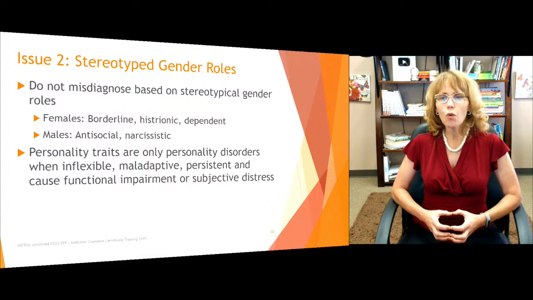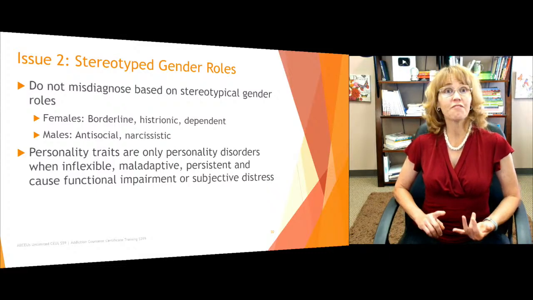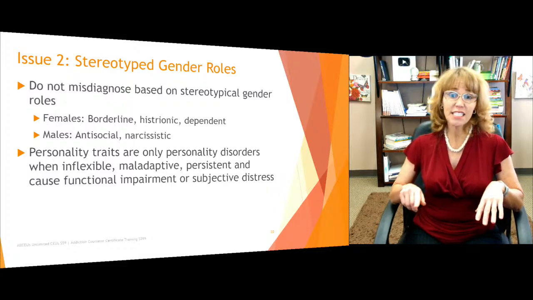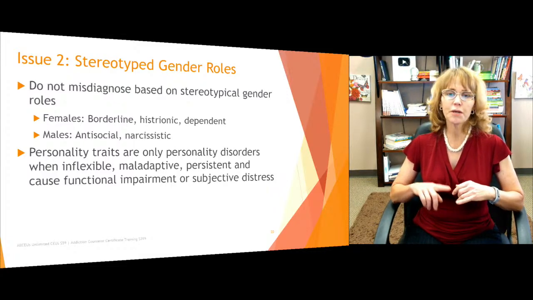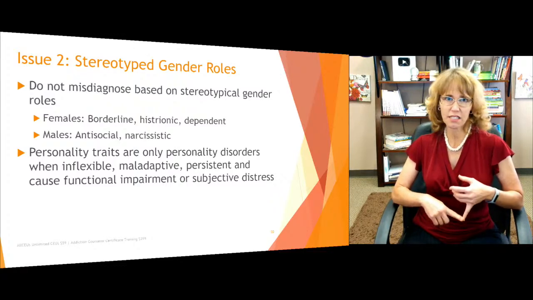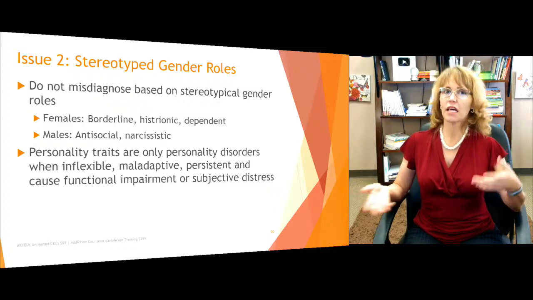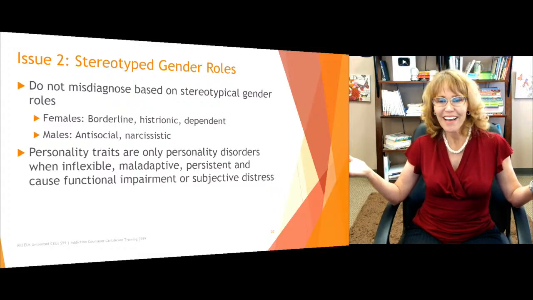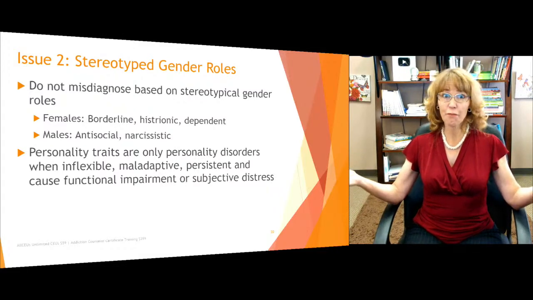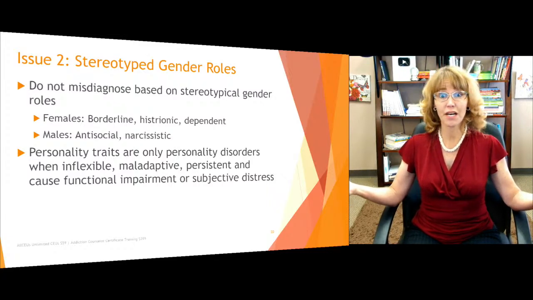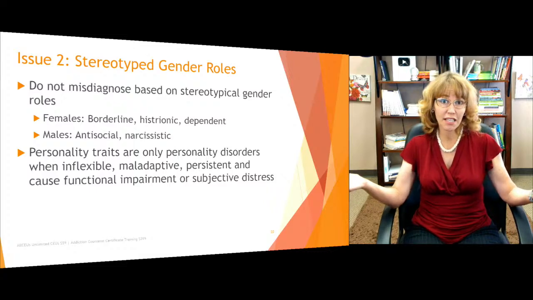Personality traits are only personality disorders when inflexible, maladaptive, persistent, and cause functional impairment or subjective distress. If the person behaves in a way that you don't like, but it's not causing them any problem, they're getting along very well in life, thank you very much, then is it a personality disorder?